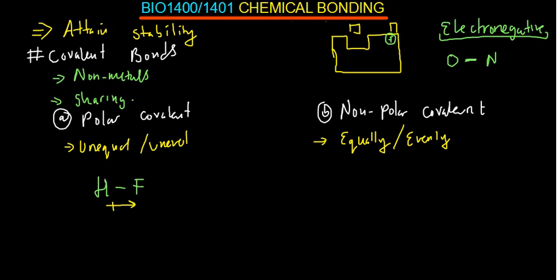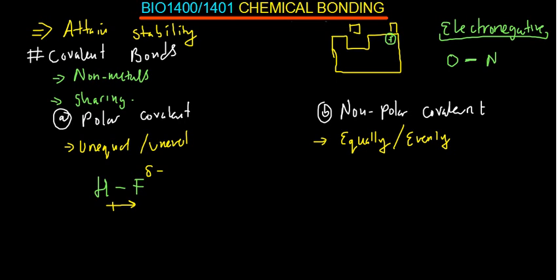And because of this, fluorine is going to have more electrons, and remember electrons are negatively charged, so fluorine is going to have a partial negative charge. Okay, because it has got more electrons around the nucleus. It's not like the electrons have been lost from the hydrogen.